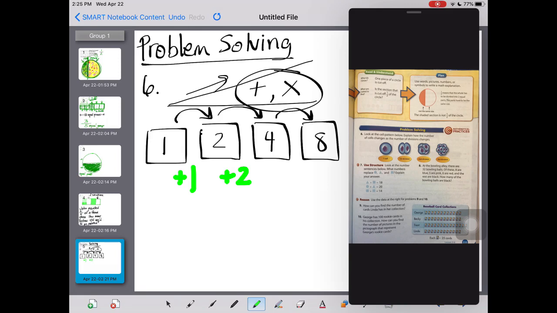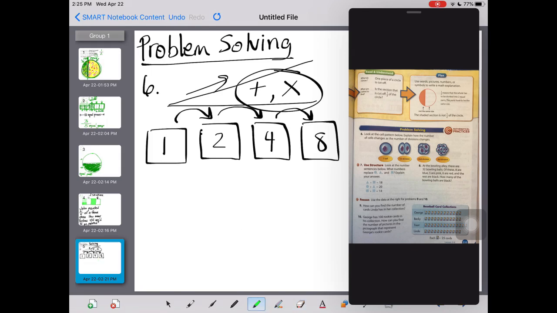In order to go from 4 to 8, I'm going to have to add 4. So 1, 2, 4. Those numbers aren't the same, and they're definitely getting larger, but I don't see necessarily a pattern. So let's take a look at multiplication and see if we get something that is a consistent pattern.